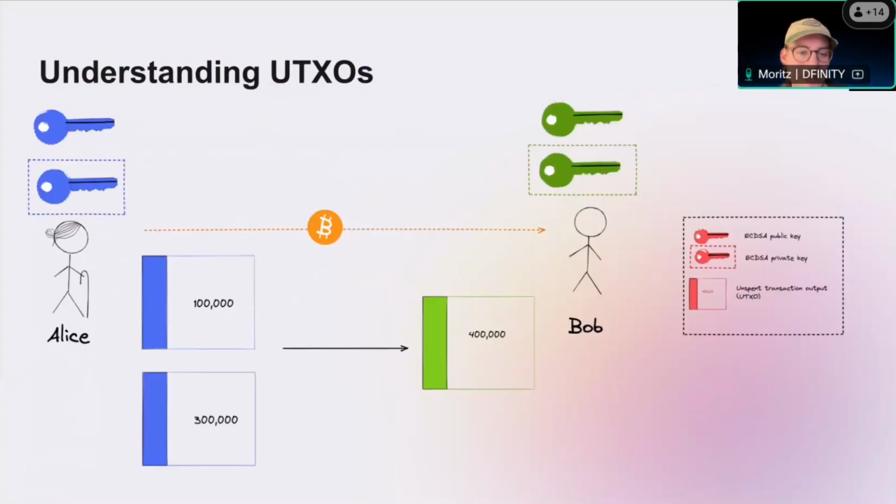Okay, so before we dive deeper into the inner workings of the Bitcoin direct integration, I quickly want to explain the concept of UTXOs. As a simple example here, Alice on the left-hand side wants to send 400K Satoshis over to Bob. To do this, she has to consume 2 UTXOs, or unspent transaction outputs, that together add up to the 400K Satoshis that she wants to send over to Bob.